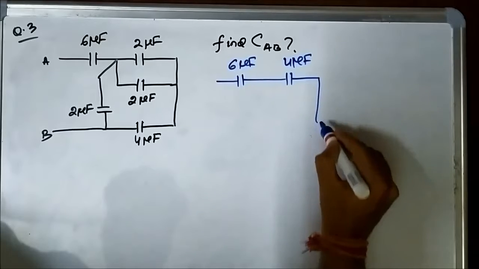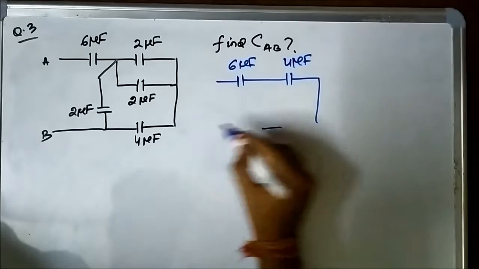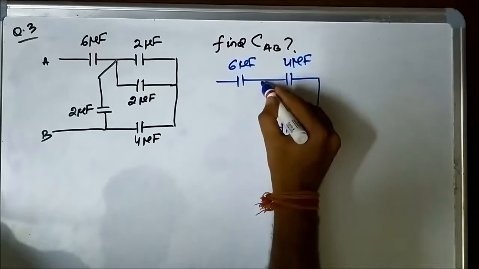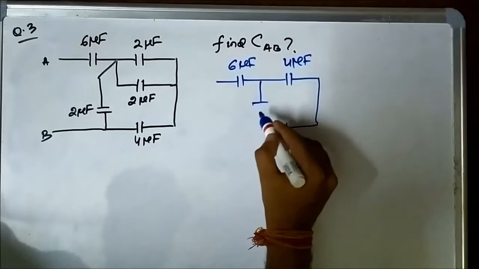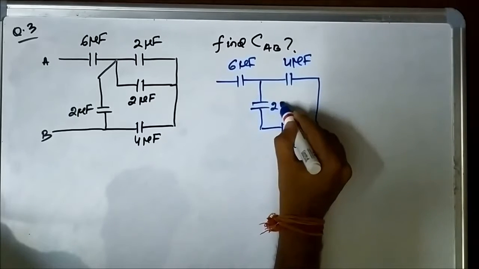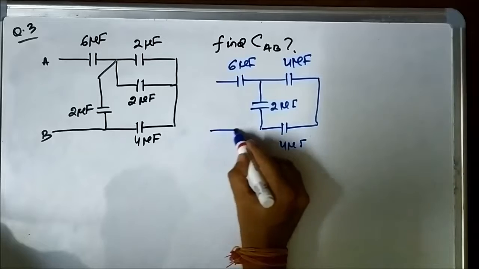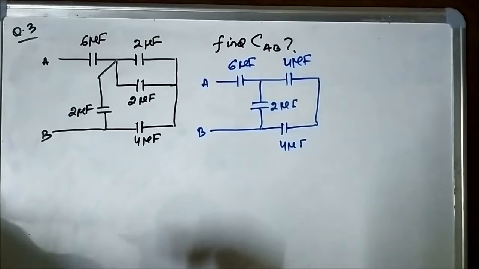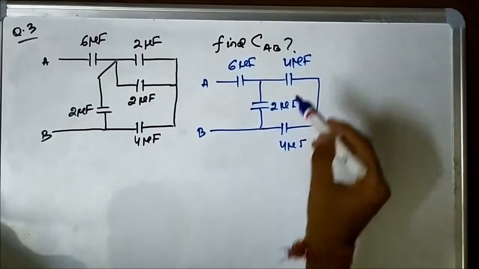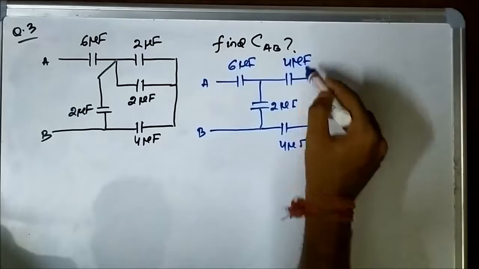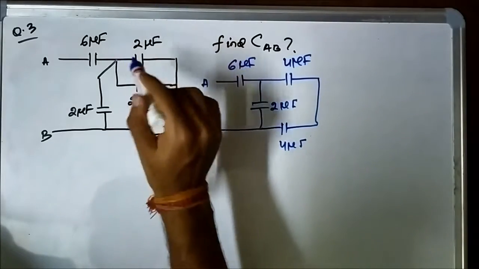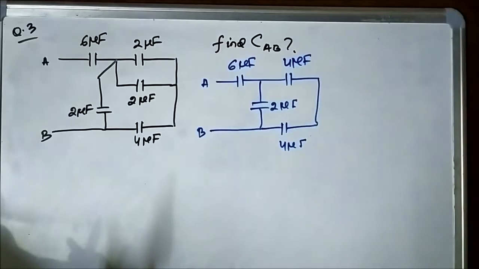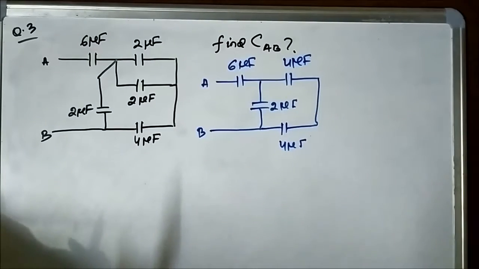Then we have another 4 microfarad here, and in between we have a 2 microfarad, and here this is A and B. Now if we look at these two capacitors, the 4 microfarad which is the resultant of the two capacitors, and this 4 microfarad, they are connected in series.